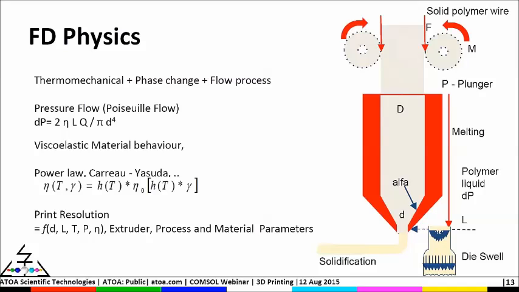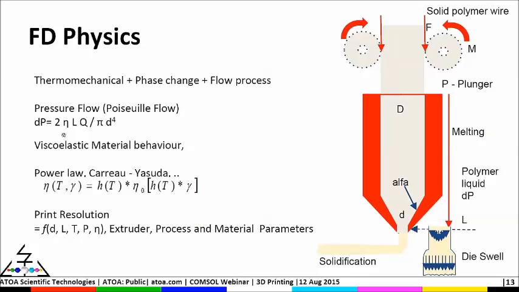The solid polymer wire is pushed by a set of rollers driven by a DC motor, which act as a plunger to push the wire into the extruder and create the necessary pressure. The polymer is then melted at the extruder and pushed through the die nozzle. The physics involved in this whole process is governed by thermomechanical phase change plus flow.